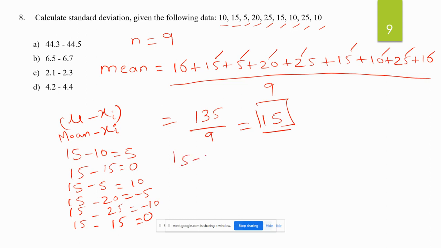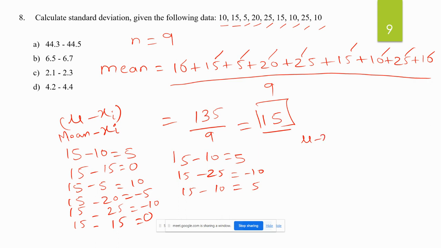Then 15 minus 10 is 5. 15 minus 25 is minus 10. 15 minus 10 is 5. So these are the mu minus xi values.